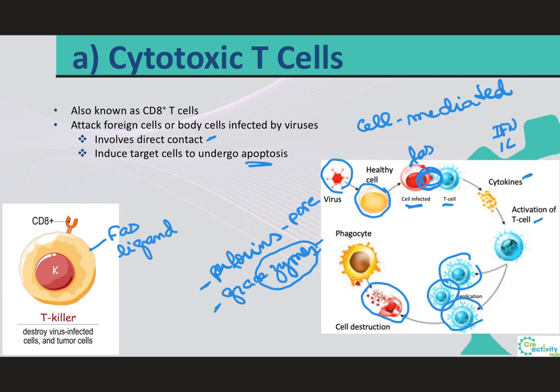And the debris of this cell that just suffered apoptosis will then be cleaned up by phagocytic cells of the innate immune response, such as macrophages and neutrophils.